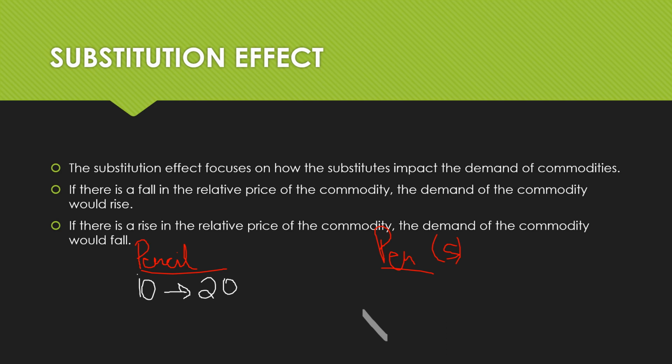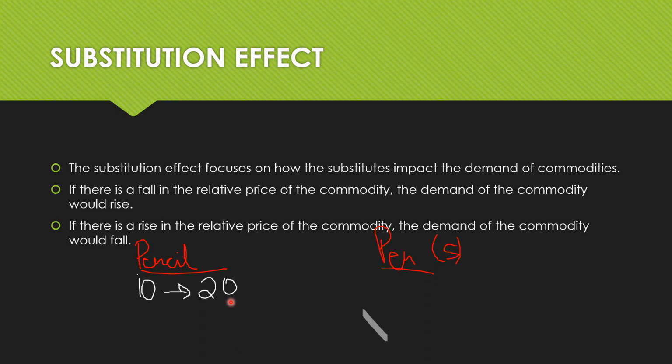The substitution effect focuses on how substitutes impact the demand of the commodities. In the substitution effect, the highlight is our commodity itself. We are trying to know what is happening to our commodity when there is a change in its relative price. So here we understand the concept of relative price.